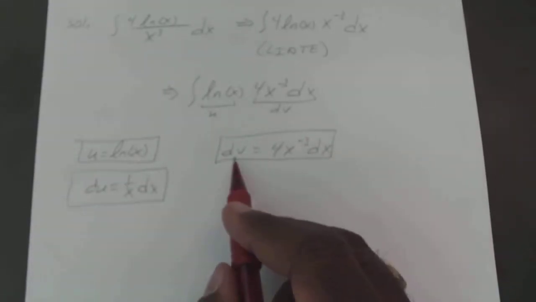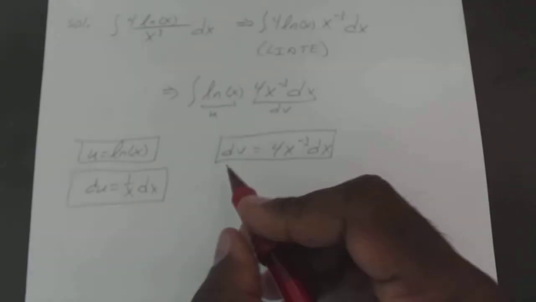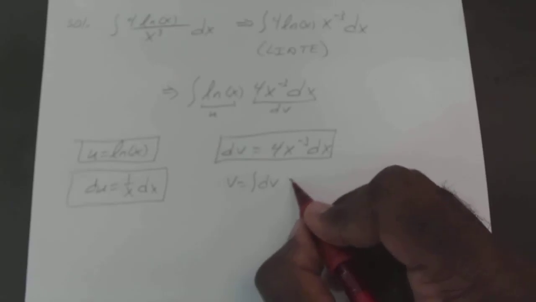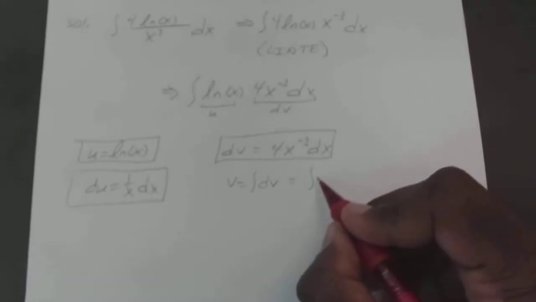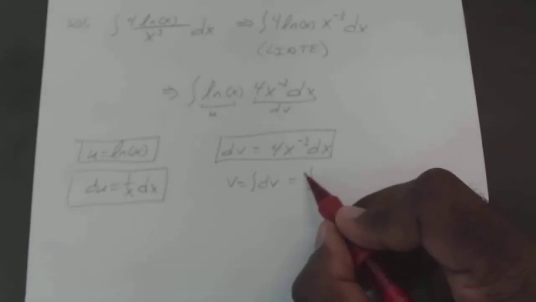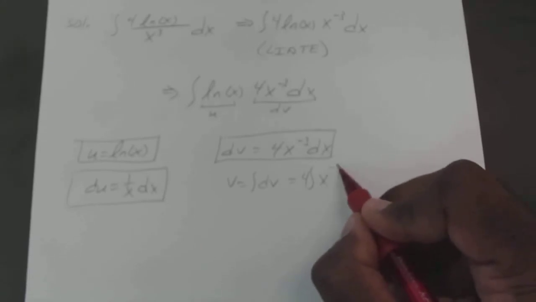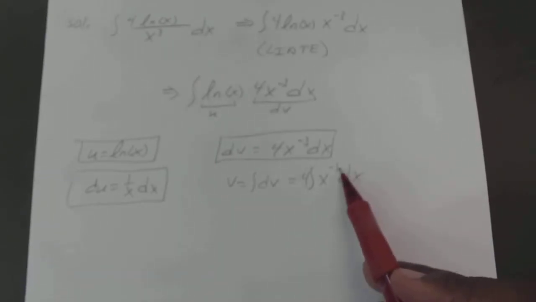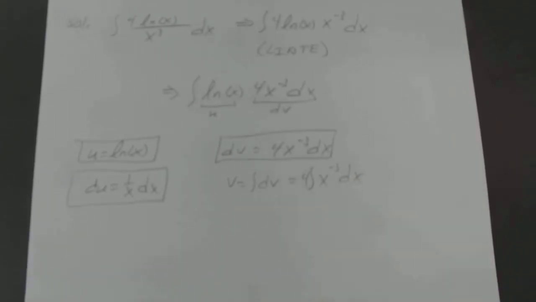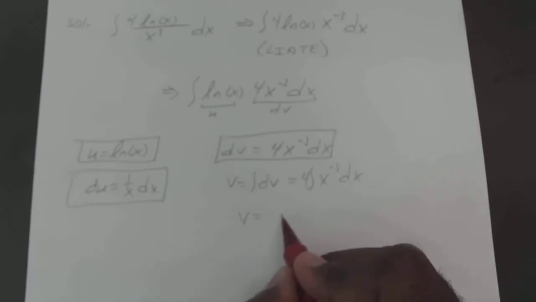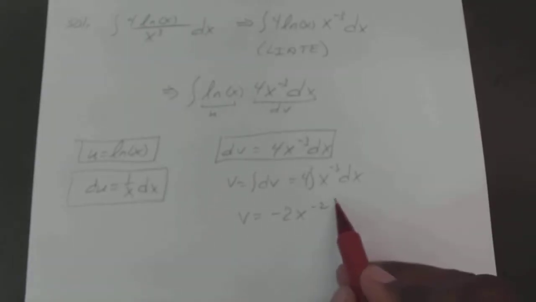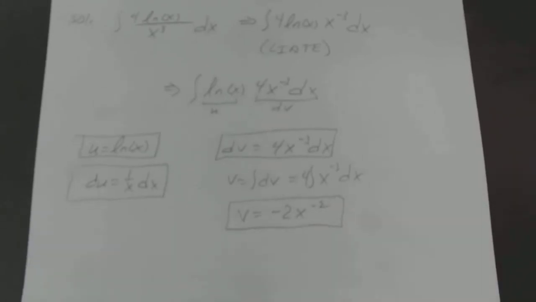And we have our dv, and our v is just the integral of dv, which is the integral, and might as well put the 4 on the outside, x to the negative 3 dx. Okay, so that's x to the negative 2 over negative 2. So that means our v is equal to negative 2 x to the negative 2.